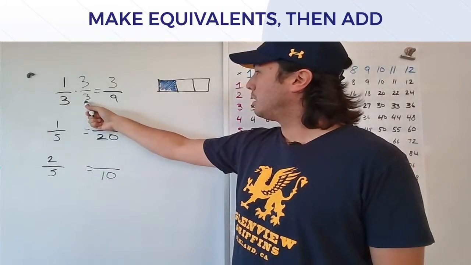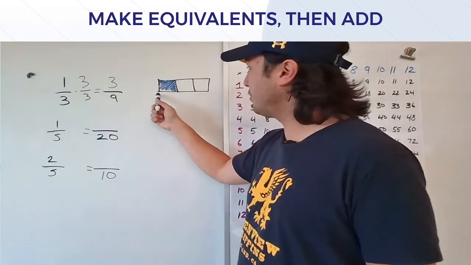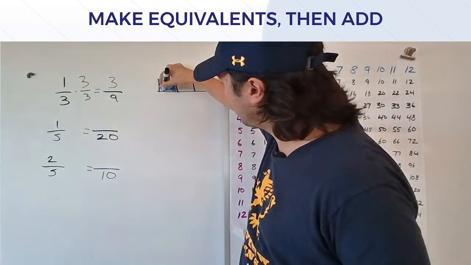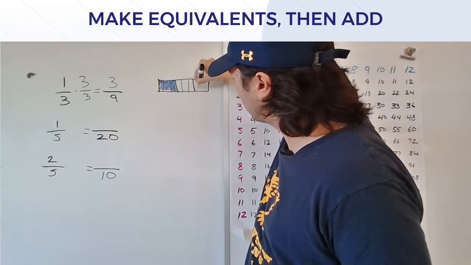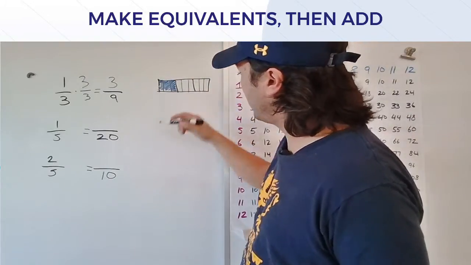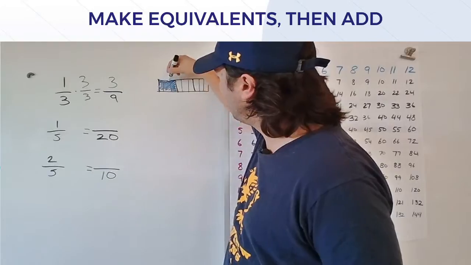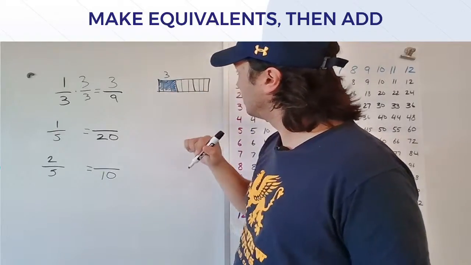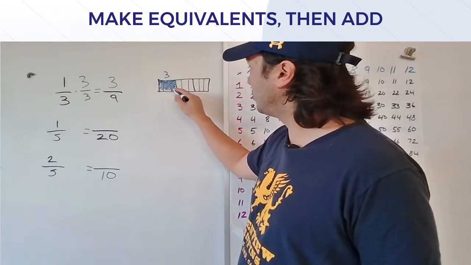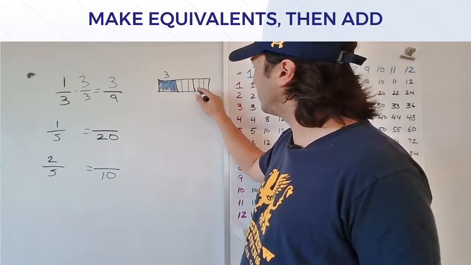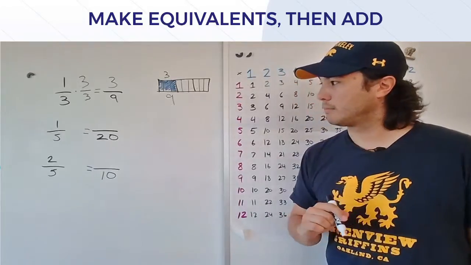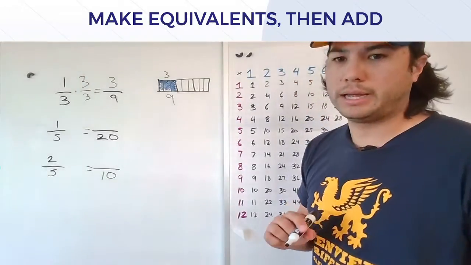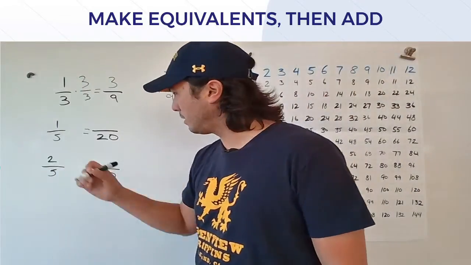If we cut each third into thirds, we find we have 1, 2, 3 pieces shaded in, and then 1, 2, 3, 4, 5, 6, 7, 8, 9 pieces total.